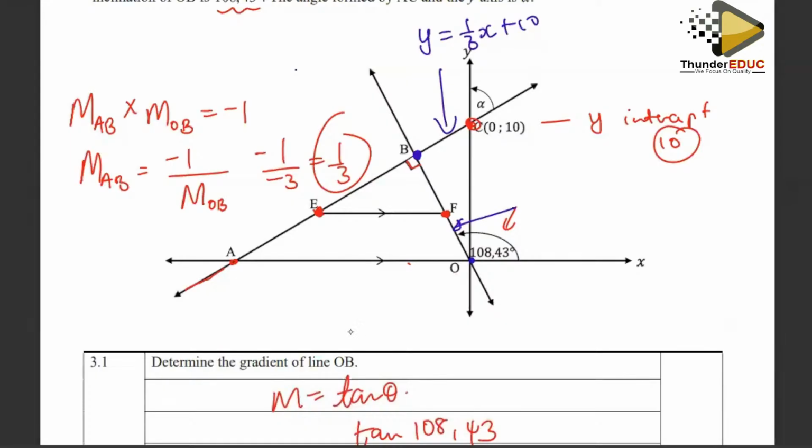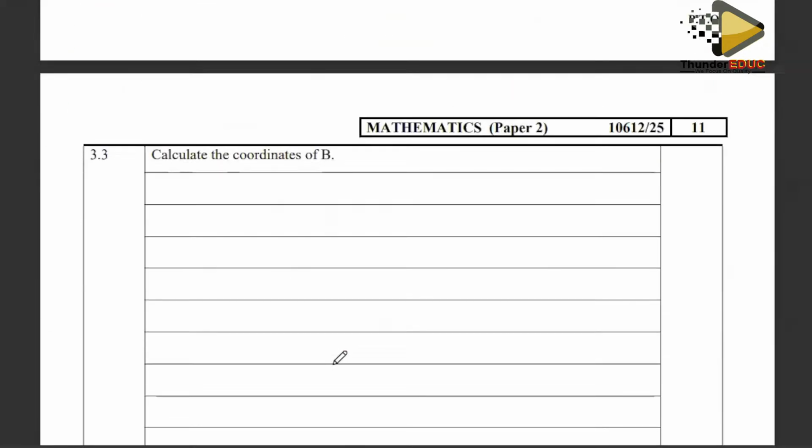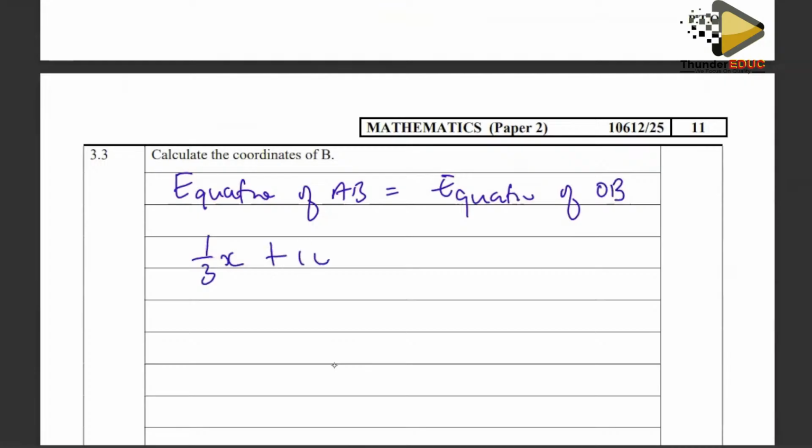So the equation of OB is simply negative 3x. Then we solve these two simultaneously. I'll say that the equation of AB equated to the equation of OB. So 1 over 3x plus 10 should give me negative 3x, since everything is y.